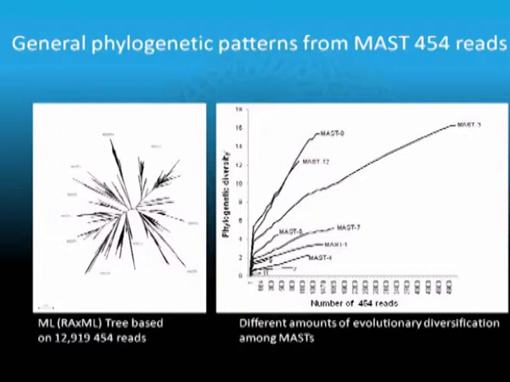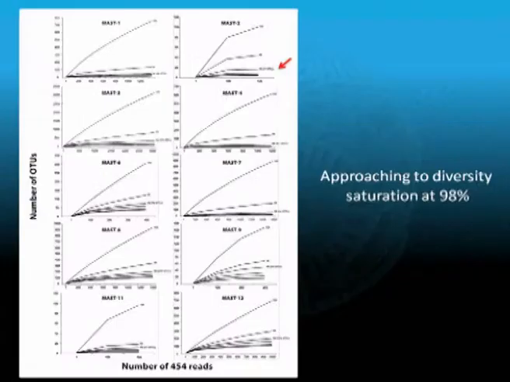And another thing we looked at was whether we could saturate the diversity of these groups. One question that is going on with microbes is that as you sample more and more, diversity keeps increasing, and where is the limit? Where do you say, okay, I'm saturating diversity now?